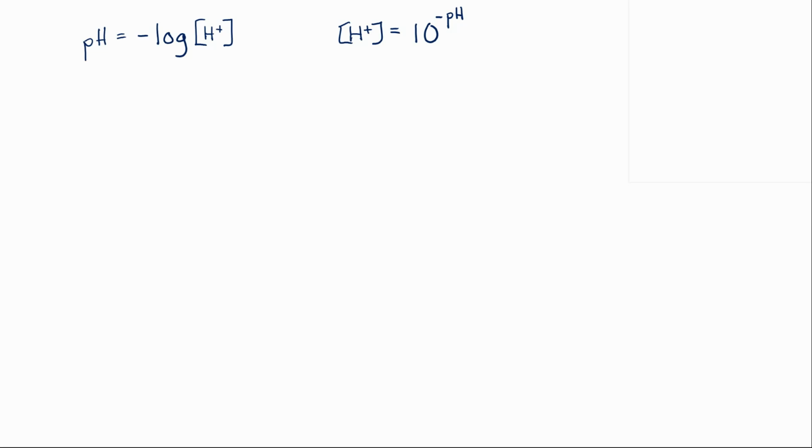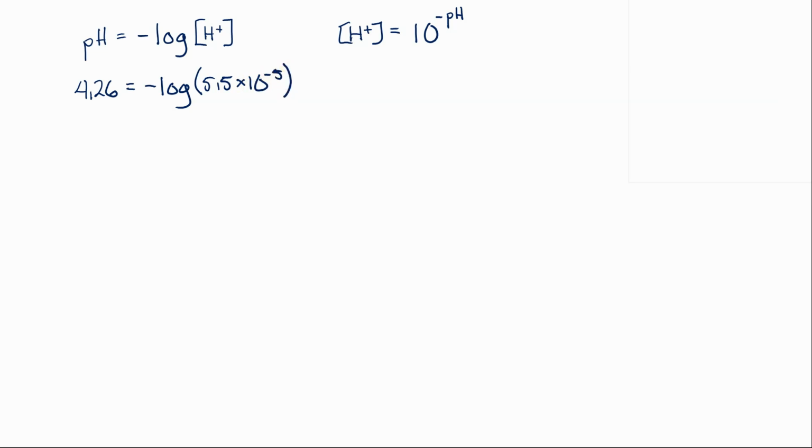So 10 to the negative pH is the inverse of the negative logarithm of the concentration of hydronium ion. I want to just throw out a couple calculations here to talk about the way significant figures are handled in logs and exponents. And your instructor may not be picky about this, but just so you know, if I have a pH of 4.26, and it's the negative log of, in this case, 5.5 times 10 to the negative 5.